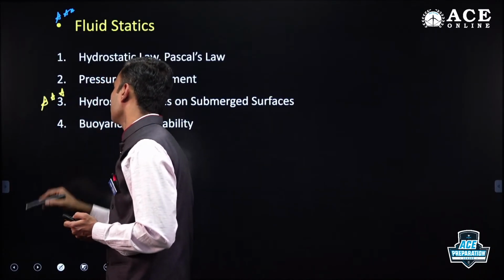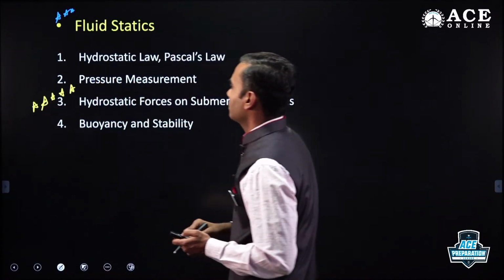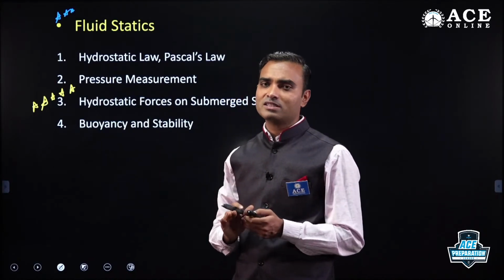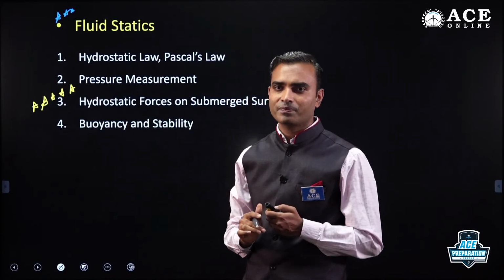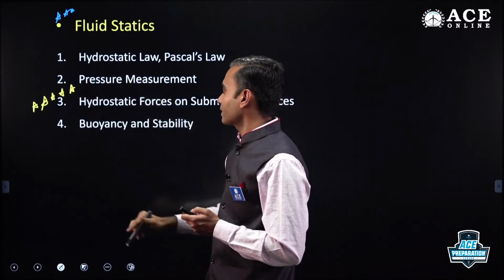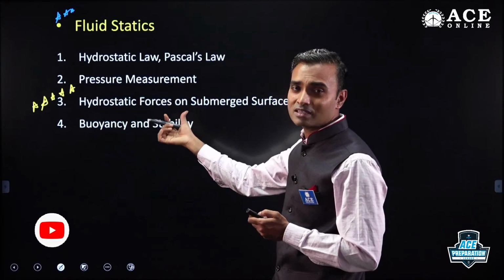Okay. So here I'll give 5 star weightage. This fluid statics chapter is comparatively easy to understand as compared to the other chapters. So you can put more effort here, and in this hydrostatic forces on submerged surfaces, this is the most important topic.